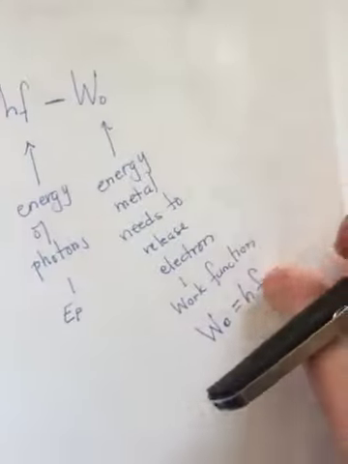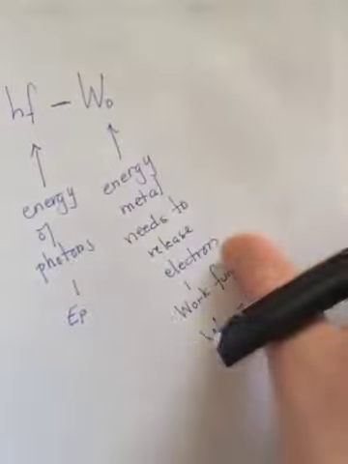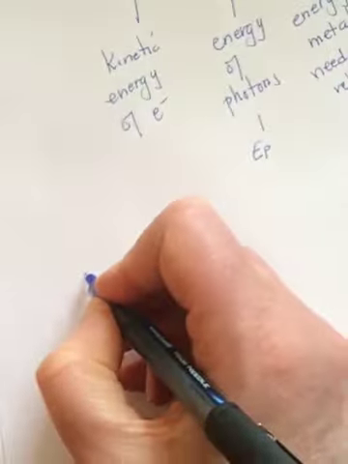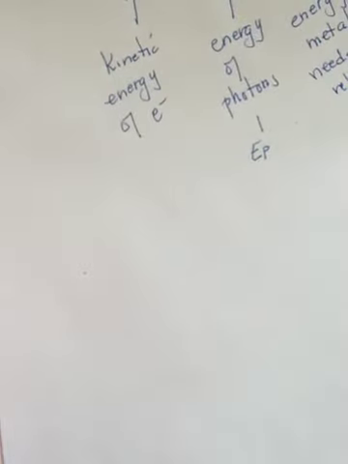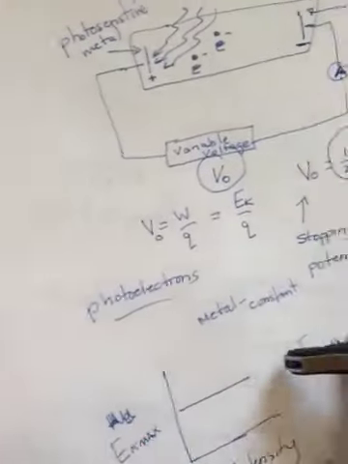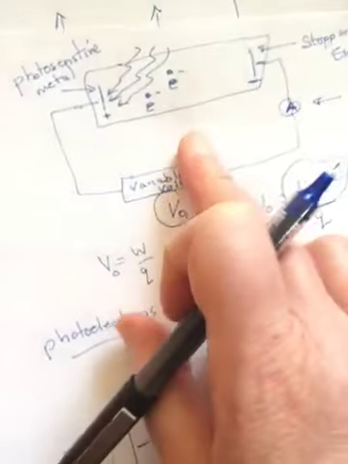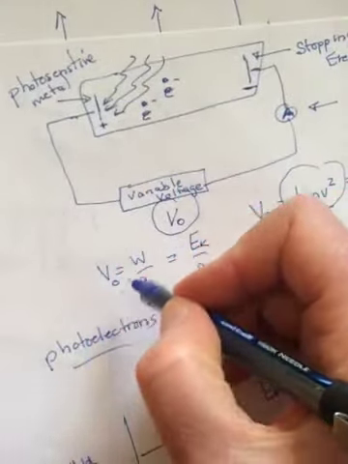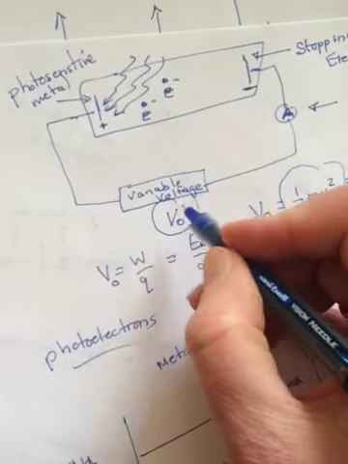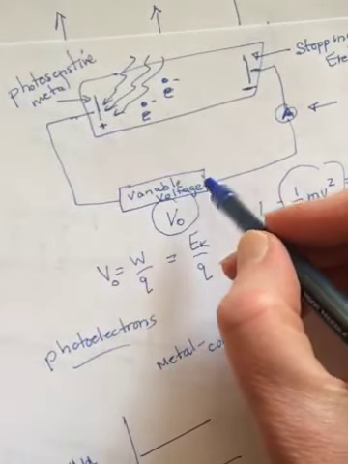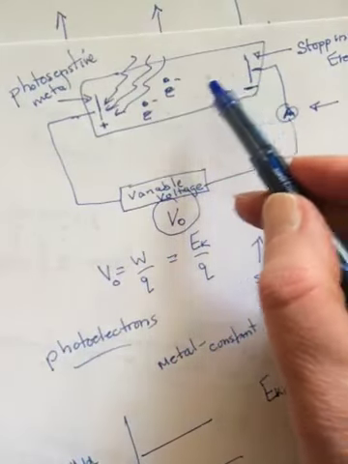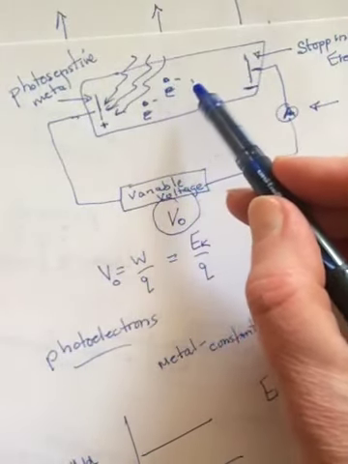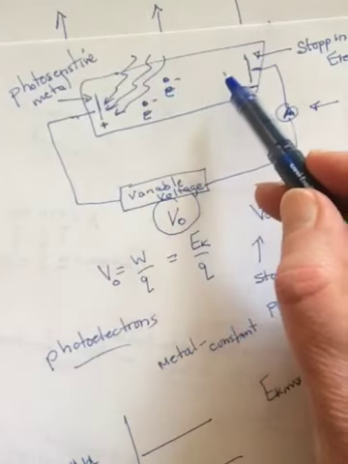Another way we can find this WO is using that stopping potential that we had originally, right? Remember in this diagram, we said, okay, we're going to increase the voltage of this stopping potential, of this power supply, and as we increase the voltage, then these electrons that are freed experience more resistance, right?